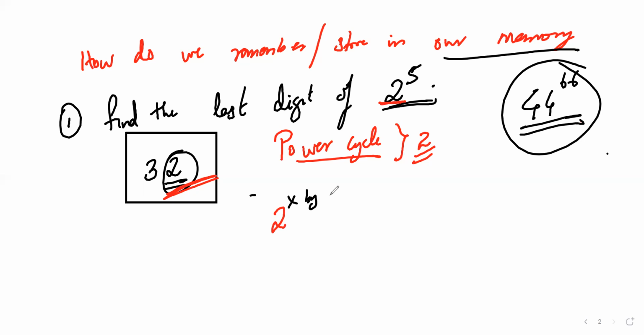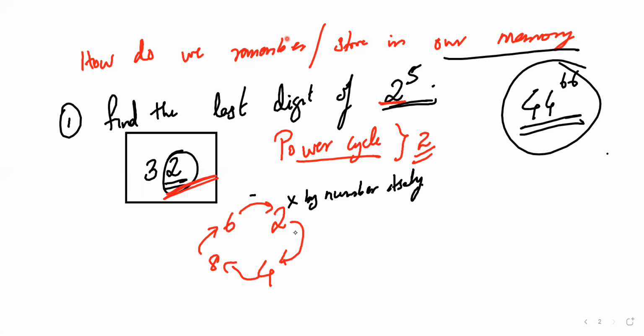Multiply by the number itself. So 2 2s are 4, that I'll write here. 2 4s are 8. 2 8s are 16. But for 16 I don't write the second digit. I only write the units place digit. 2, 4, 8, 6 and 2. That's it.